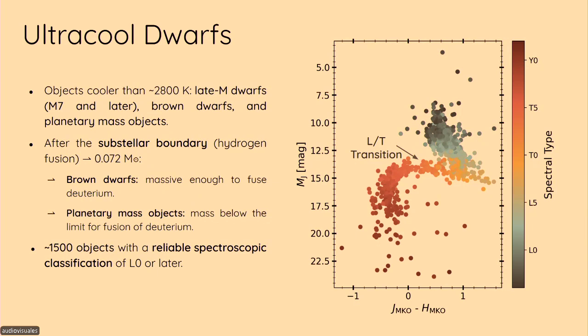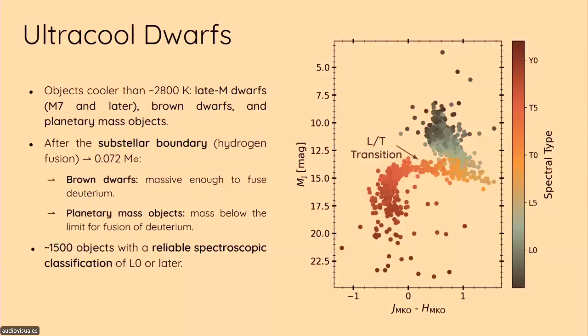And what we can see here is that ultra-cool dwarfs go redder and redder in color as their spectral type goes down, until they reach the late L types. And then we can see that in the transition from L to T types, the ultra-cool dwarfs suddenly start to go bluer in color. And we will go into more detail on this phenomenon later in the talk.